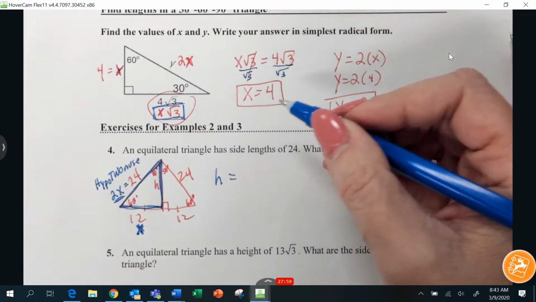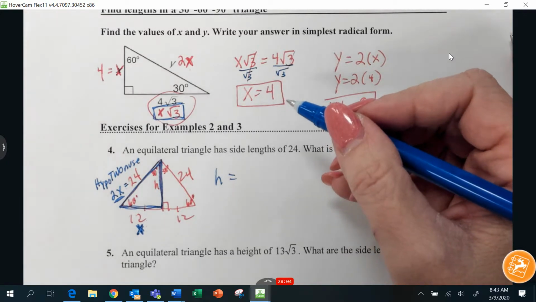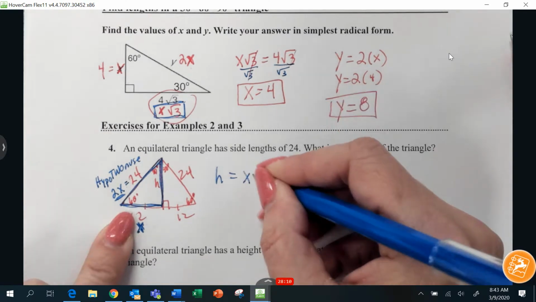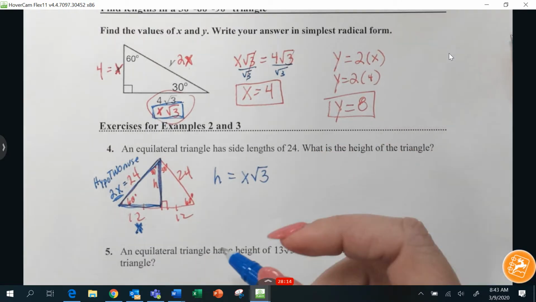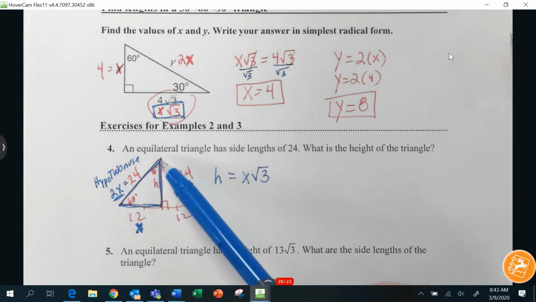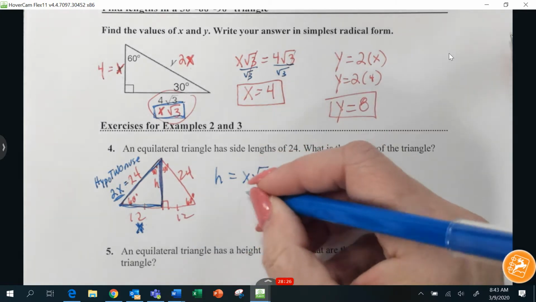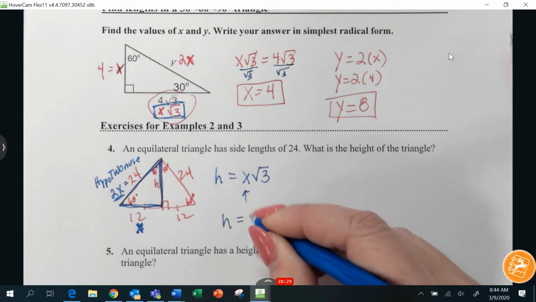So your answer to me is going to be x radical 3. When we have an equilateral triangle, the height is always going to be x radical 3. Always. Because with an equilateral triangle, it's always a 30, 60, 90. So if I'm doing x radical 3, what am I plugging in for x? 12. So height equals 12 radical 3. Done.